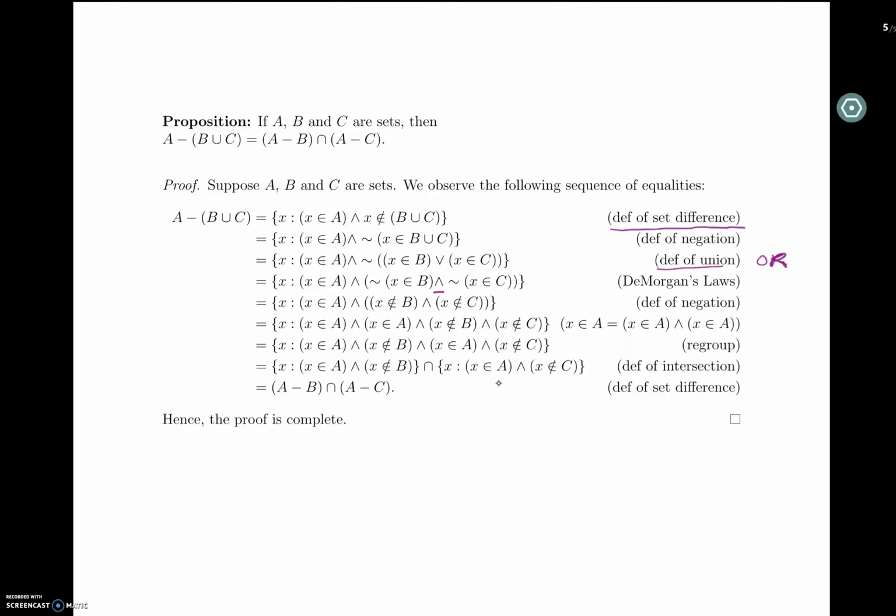Then we use our definition of negation to bring in X is not an element of B and X is not an element of C. Now, as soon as you have three ands going together, we can distribute across and bring each one into a nice pair, which in turn allows us to go back to the definition of intersection. And then finally, our definition of set difference comes in one last time to get to the right-hand side of the equation. Hence, our proof is complete.